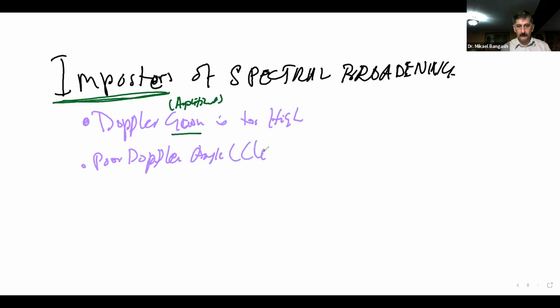Angles closer to 90 degrees are more likely to give you spectral broadening.